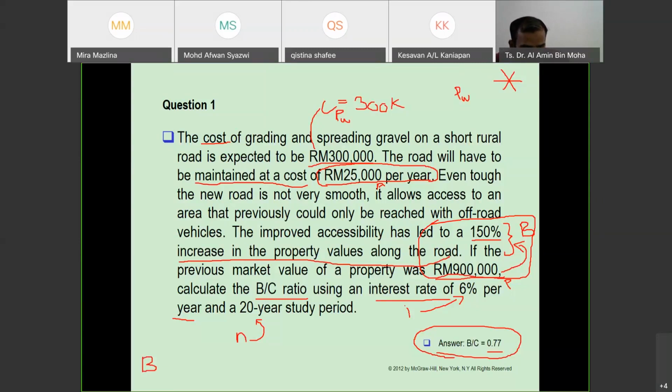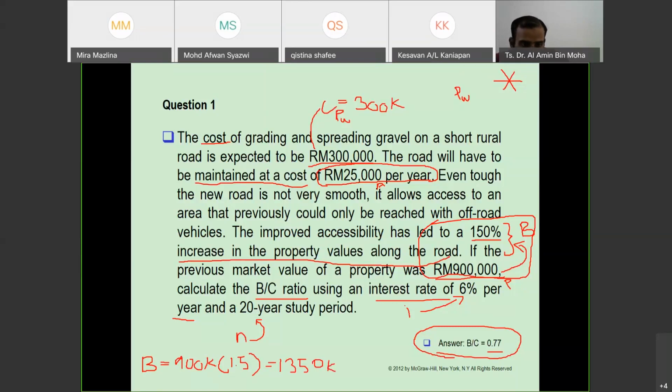What is B? So you have 900K multiplied with 1.5, 150%. You're going to get 1350K.